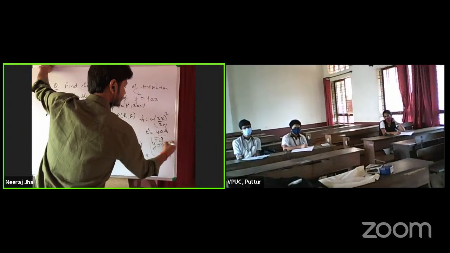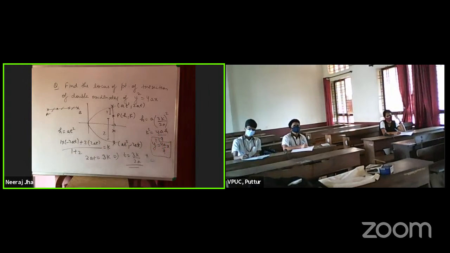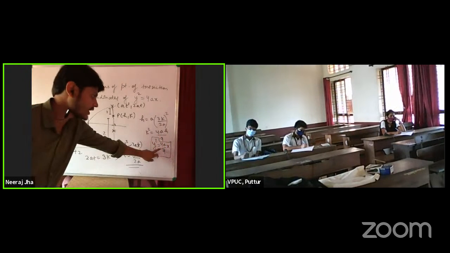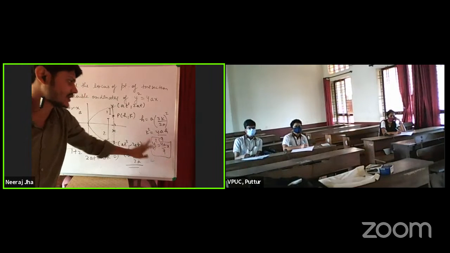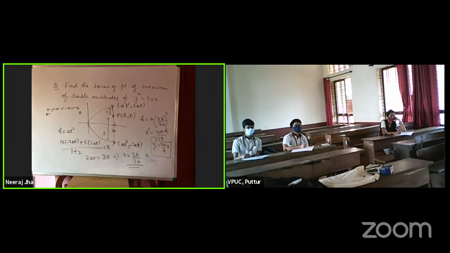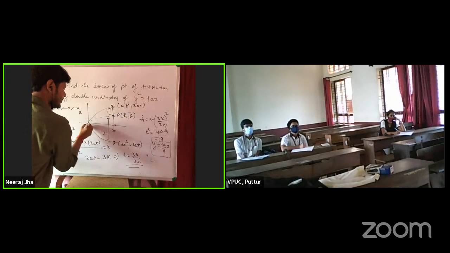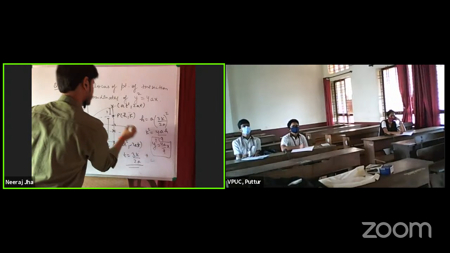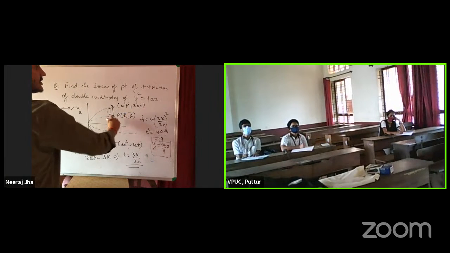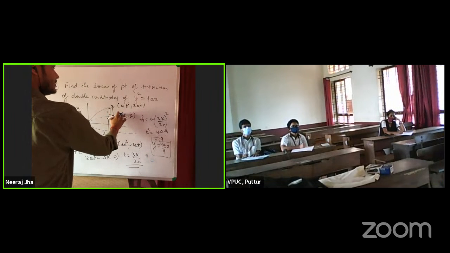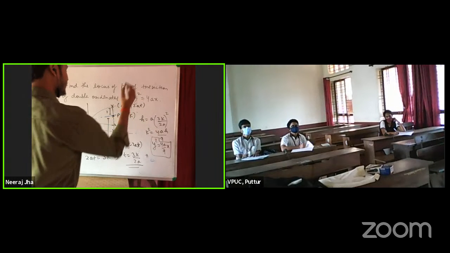This is the locus of this point: y square is equal to 4a by 9x. Hence, this will move in a parabola like this. It is the same kind of parabola, but its latus rectum's length will be different.